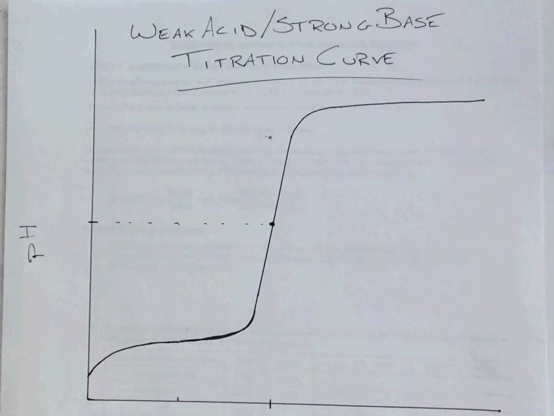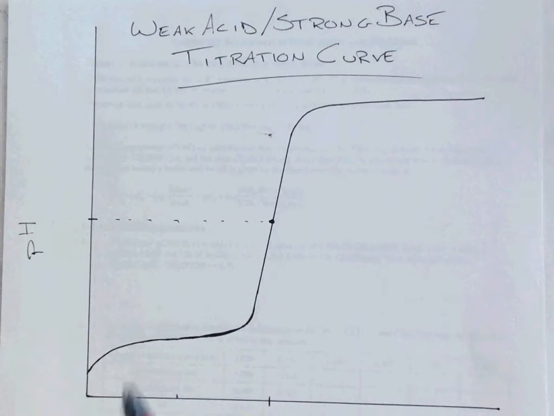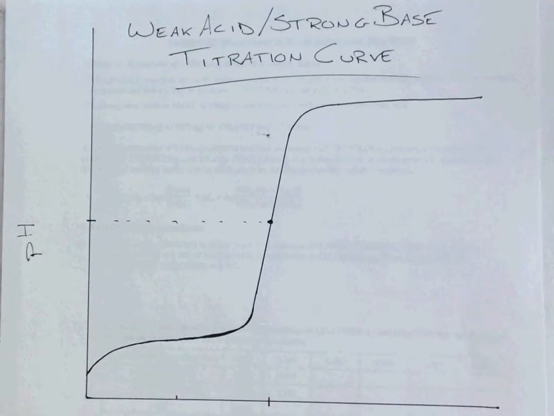Because it's a weak acid and it does an equilibrium with its conjugate base, both are present as you titrate it at first. As you start to titrate, it drives the equilibrium to the right, and you get weak acid and conjugate base both in solution, and they resist dramatic changes to pH.